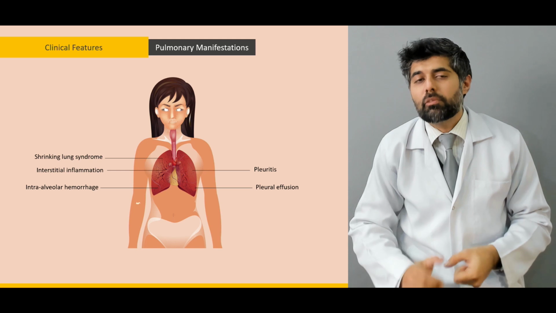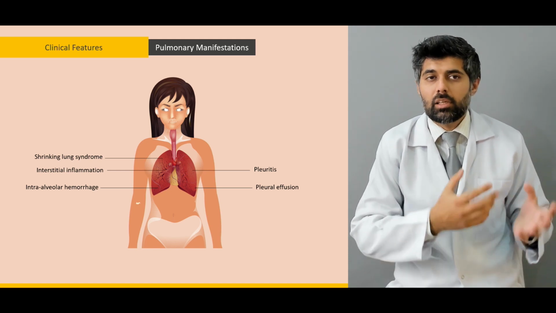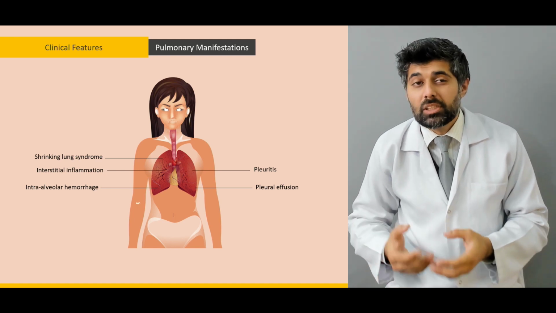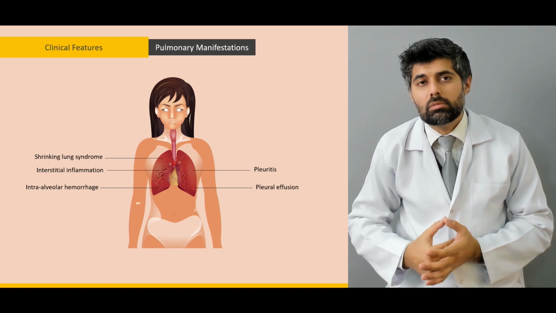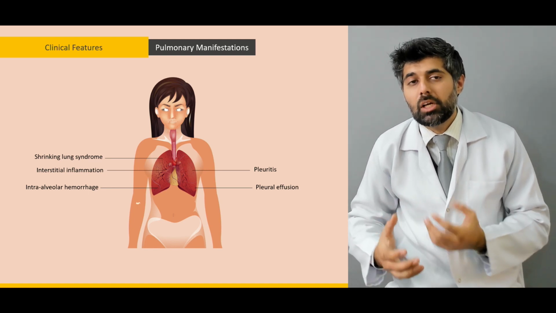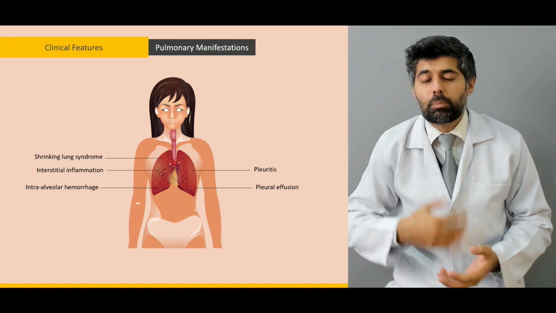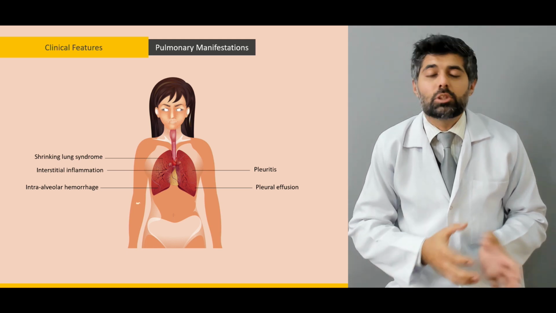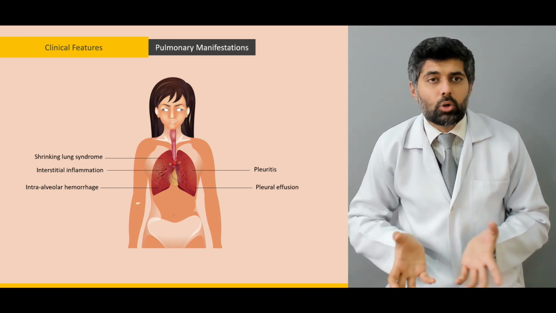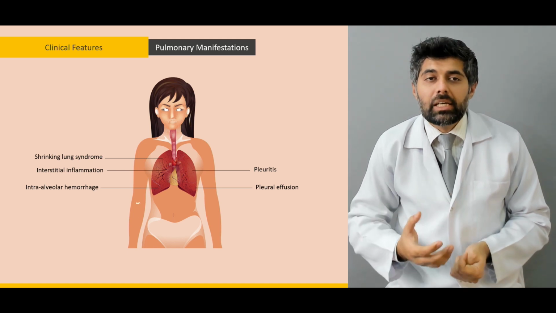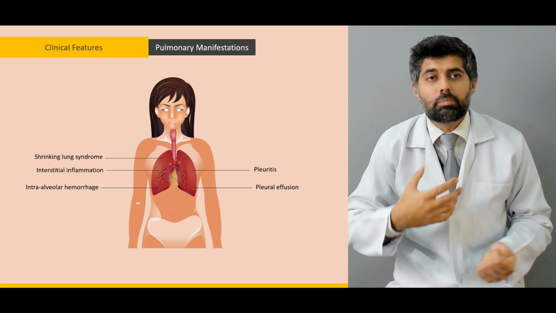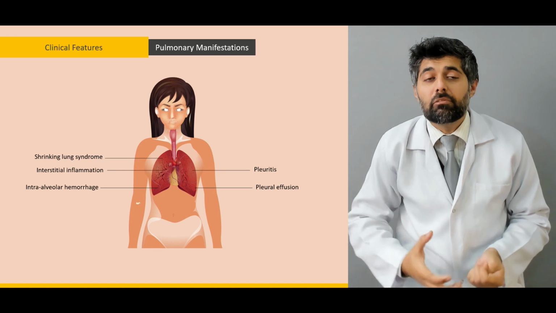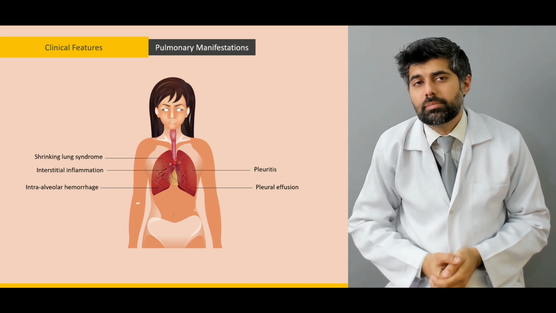And sometimes, if it is not resolved and the interstitial inflammation does not get fibrosed, this can progress into intraalveolar hemorrhage, where blood starts to pour out inside the alveoli. Now, because we know that SLE, due to its autoimmunity, is a hypercoagulable state, bleeding is a very common presentation that can happen in a patient with advanced pulmonary manifestation.